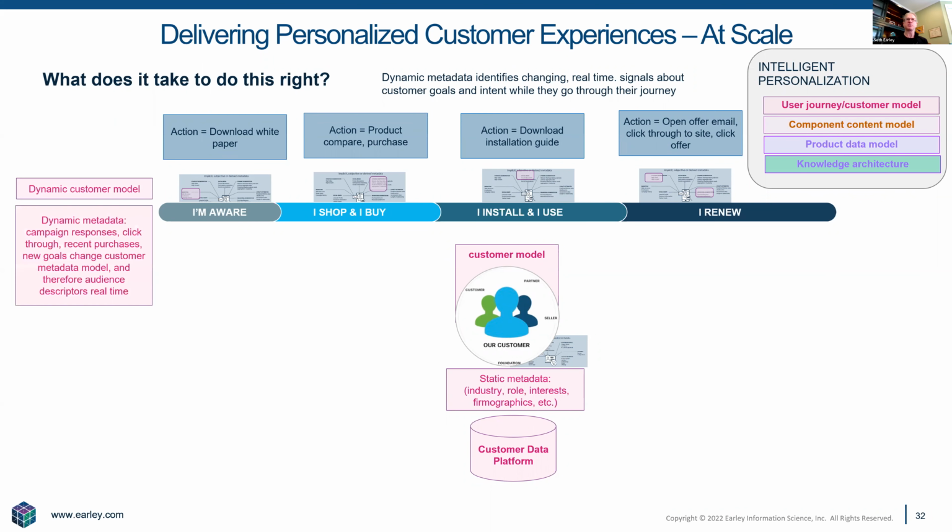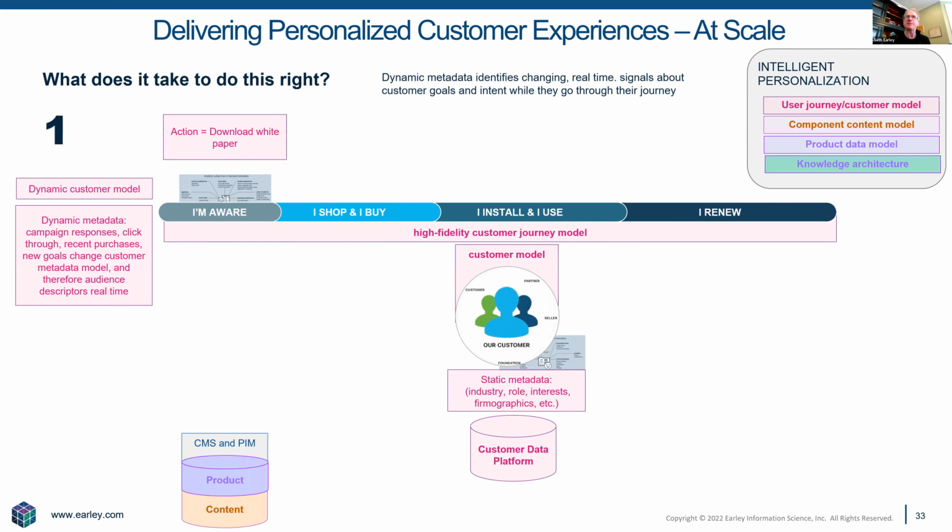That is the dynamic customer model. The campaign responses, the click-throughs, all of those recent purchases, new goals, all of those things change the metadata model of the customer. And that's the dynamic, that's the high fidelity journey model, right? It's representing the customer needs in metadata terms. A journey model is usually a pretty picture and a map, but your systems can't respond to that. They can respond to metadata.